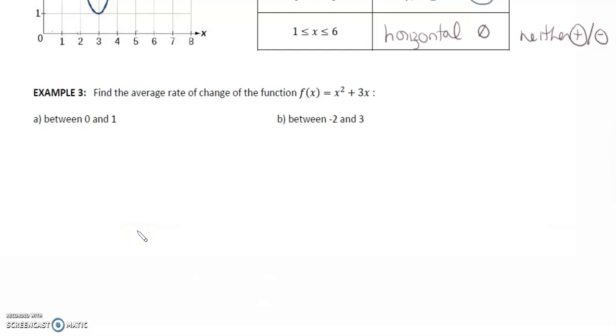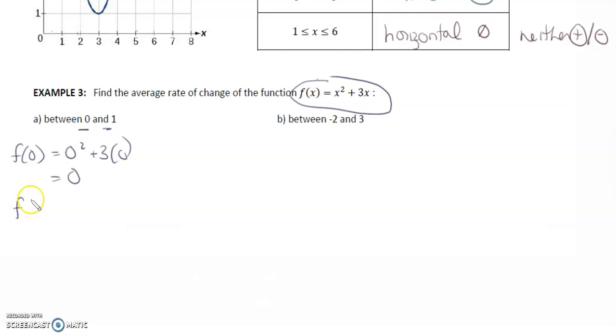Okay, find the average rate of change for the function f of x equals x squared plus 3x on these intervals. So for a, between 0 and 1. If we're given a function using function notation, we can go ahead and sub in 0. So 0 squared plus 3 times 0 is 0.